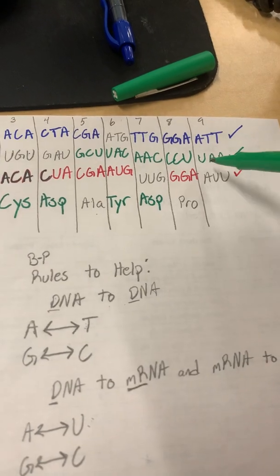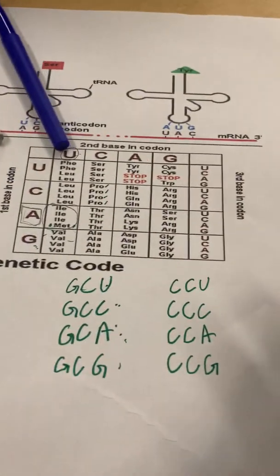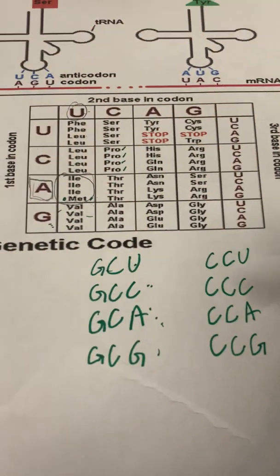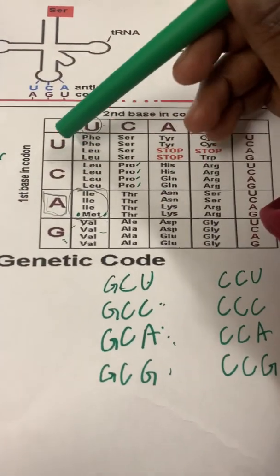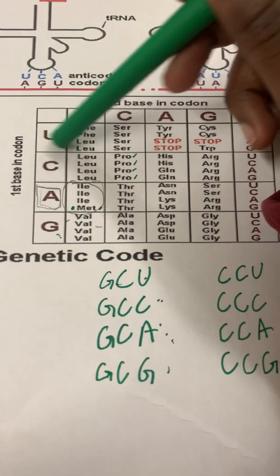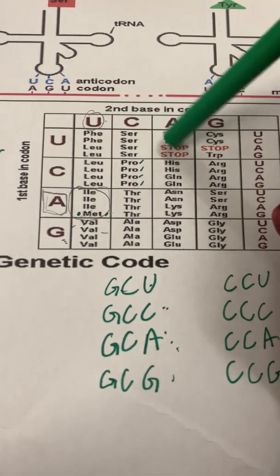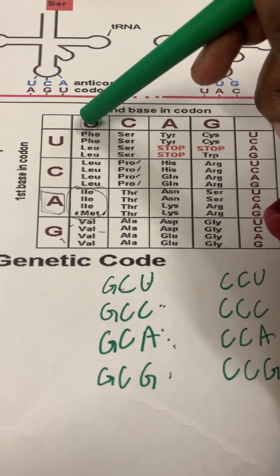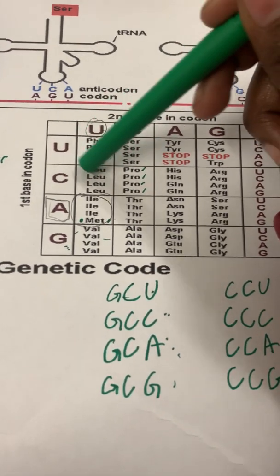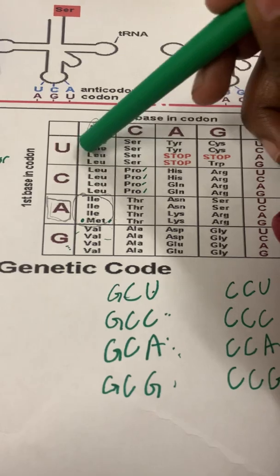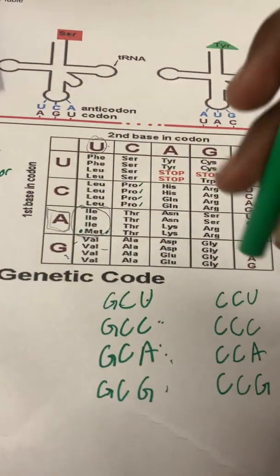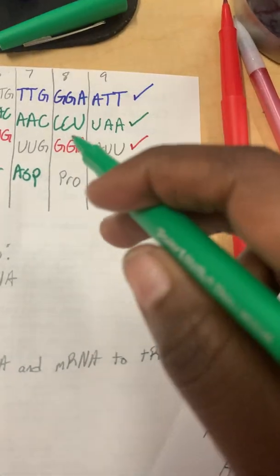And then my last one, UUA. Let's look at the other codon chart for this last one. Here's my first letter, U, focusing on this top row. Second letter, U. Now I'm just looking at this box right here in the top row. And the last letter, I'm sorry, not UUA, it was UAA.